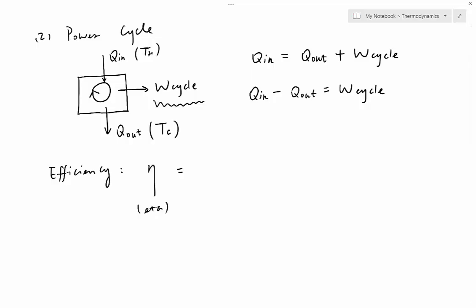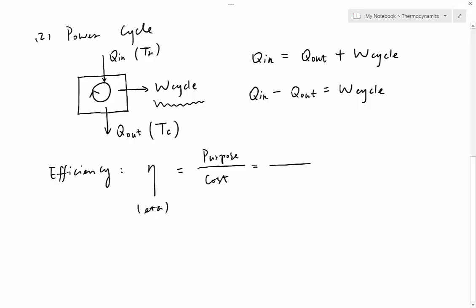The definition of efficiency is always the same. Doesn't matter which system you talk about. The definition of efficiency is always purpose divided by cost. Purpose over cost.